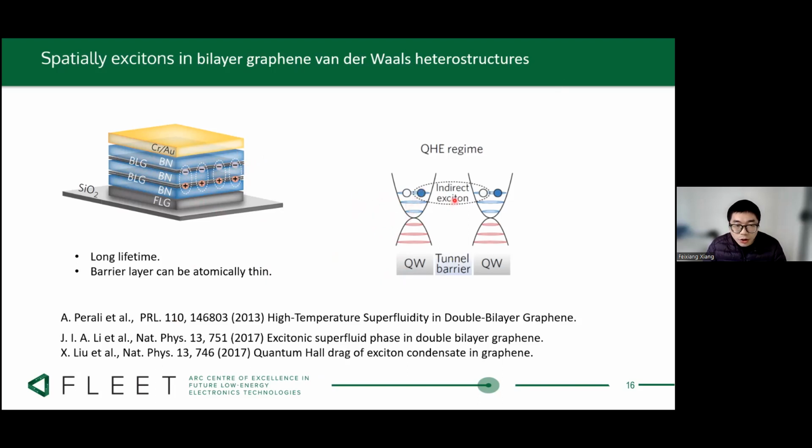An equal number of electrons and holes can also be created by applying a strong magnetic field, and at the half filling of each Landau level, there will be an equal number of electrons and holes.